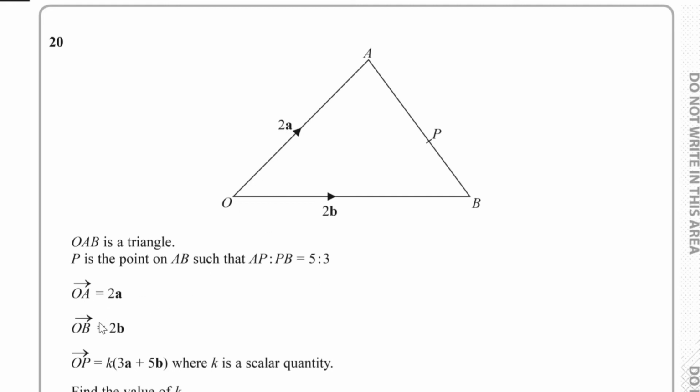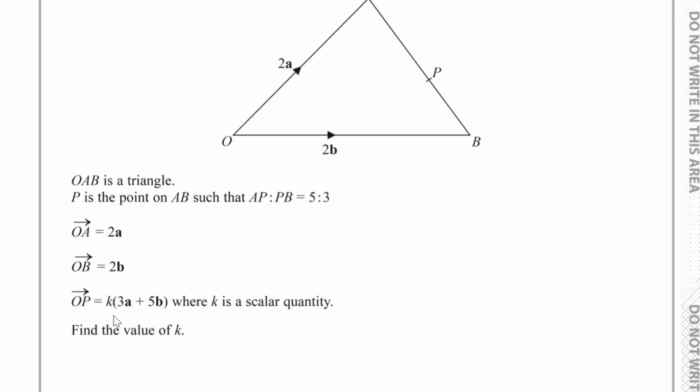OA is equal to 2A, OB is equal to 2B, and OP is equal to K lots of 3A plus 5B, where K is a scalar quantity, and we have to find the value of K. So from this statement alone, we can conclude that the vector AP is equal to 5/8 of AB. And if you want, you can also say PB is equal to 3/8 of AB.